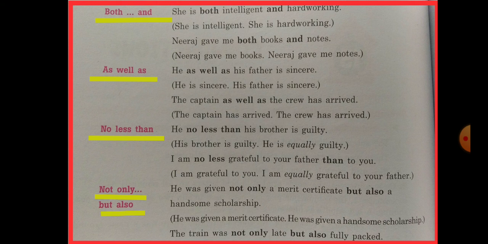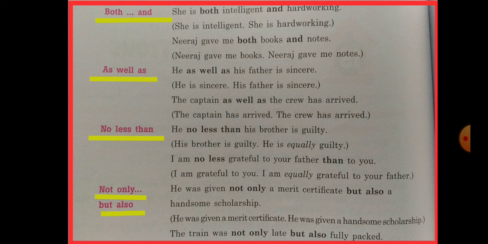As well as: his father as well as he is sincere, meaning not only he but also his father is sincere. He is sincere, his father is sincere. No less than: he no less than his brother is guilty. We can divide this sentence into two statements: he is guilty and his brother is also guilty.